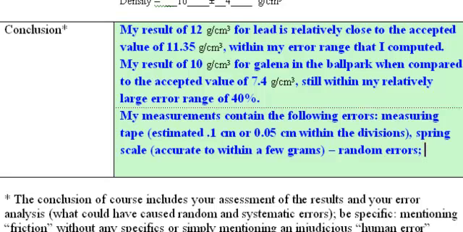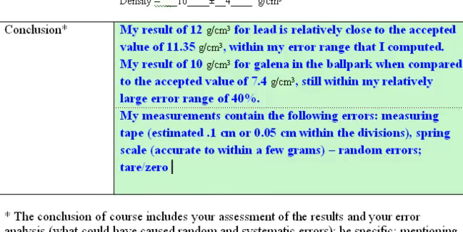Then I could say, well, what if I didn't tare my spring scale correctly? That means the original way of zeroing it, so the word would be to tare or zero the spring scale correctly, which is a systematic error. Let's say I had forgotten that, but since I shouldn't forget it, a systematic error is to be avoided.